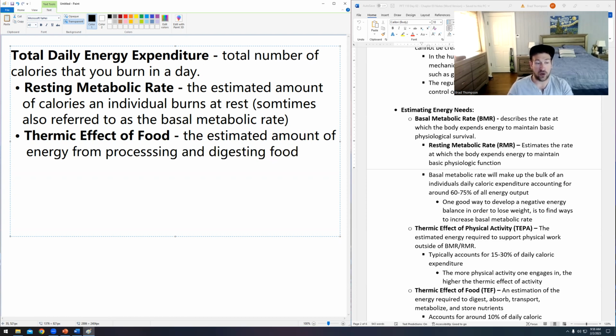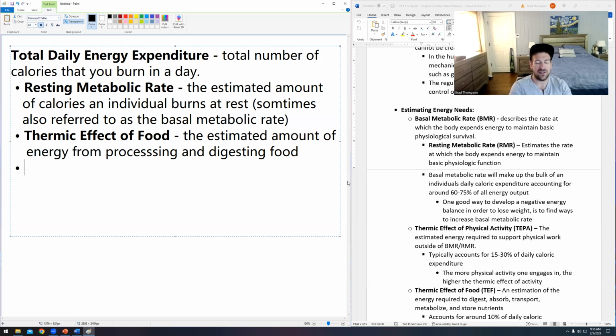Now, we do know that protein burns more calories. It actually takes more energy to process protein than it does fat or carbohydrates. So upping the protein in your diet is one of our methods for increasing the number of calories burned per day. You can burn maybe 50 extra calories by switching to less processed, higher protein foods.